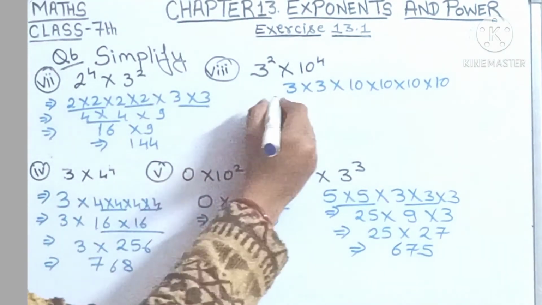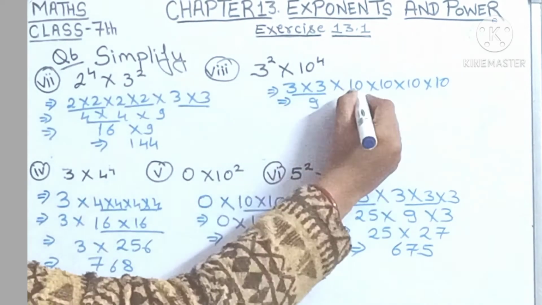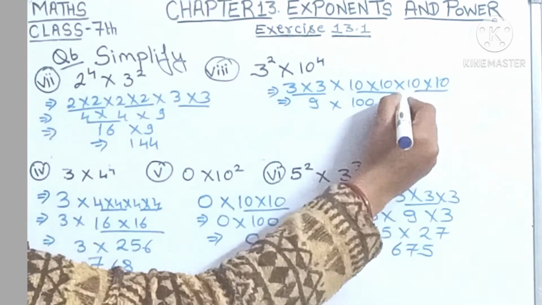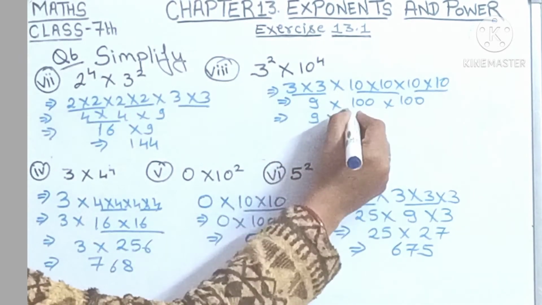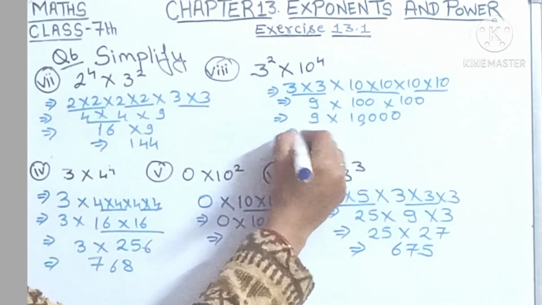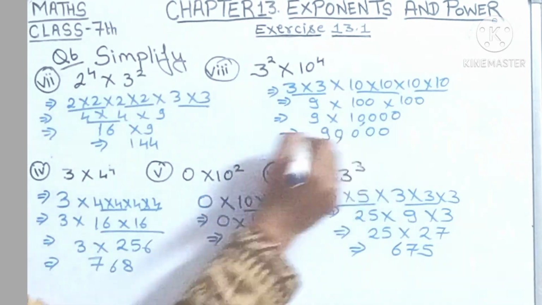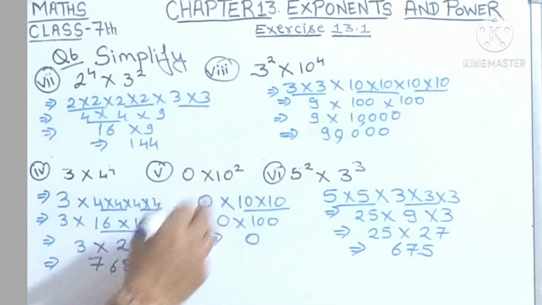So let us multiply in pairs. 3 threes are 9, 10 tens are 100 and 10 tens are 100. Now 9 into 100 into 100 will be 10,000. 9 into 10,000 is 90,000. So this was the answer for the eighth one.